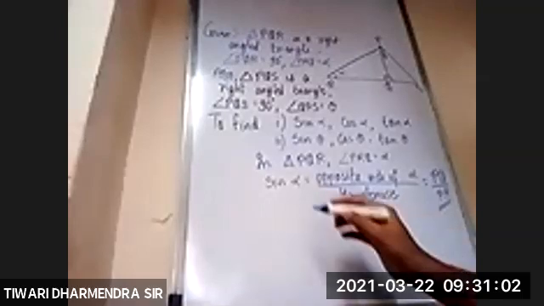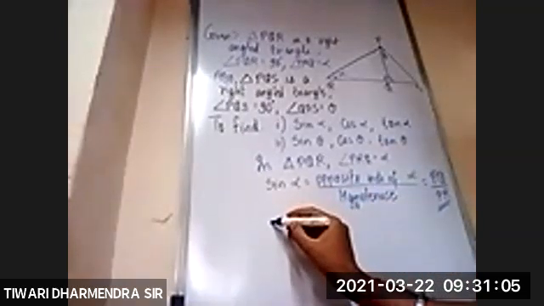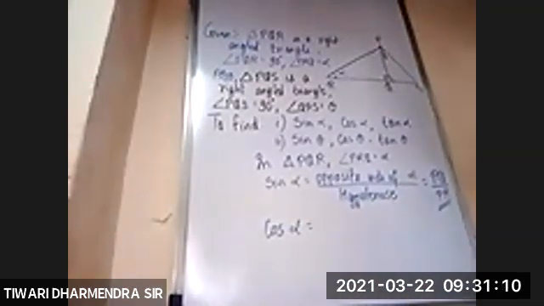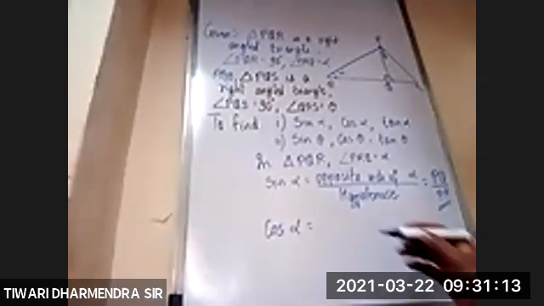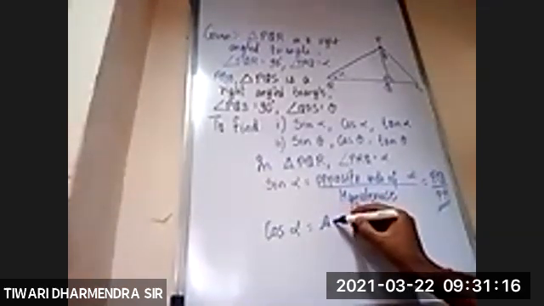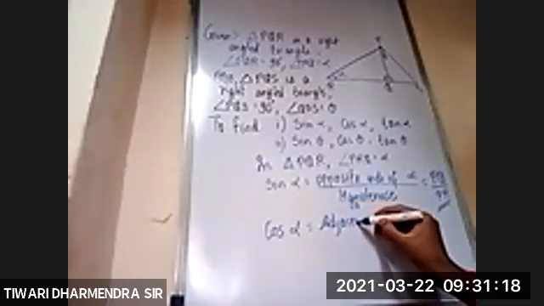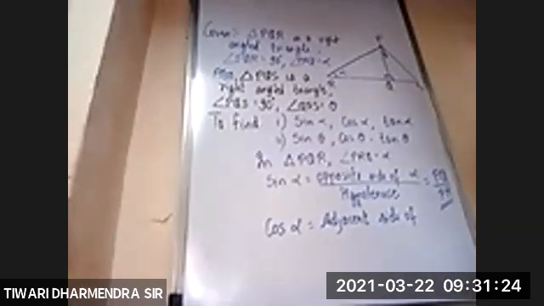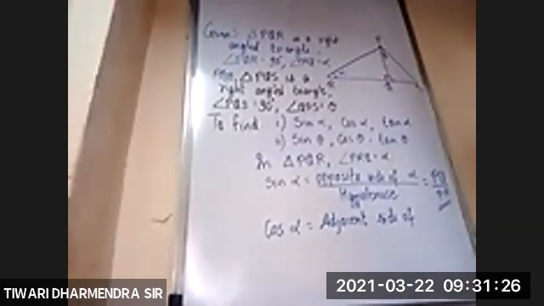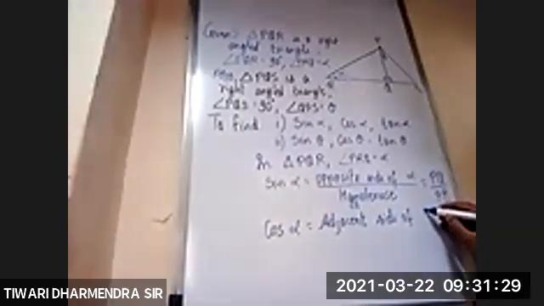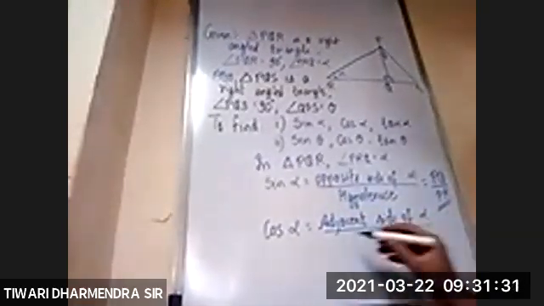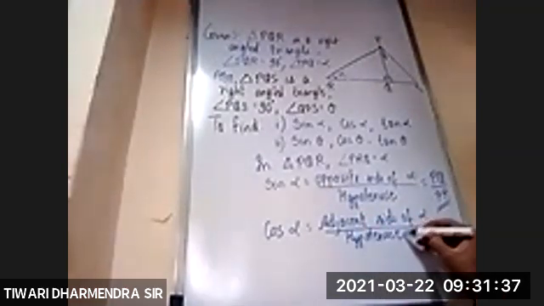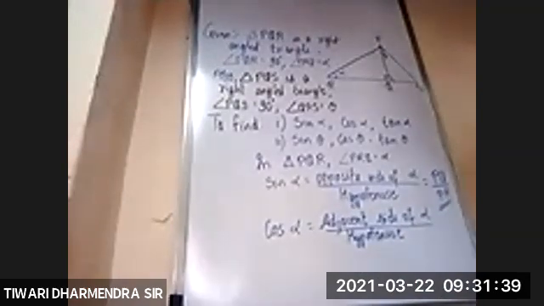Now we will move to the next, that is cos of alpha. Cos of alpha formula is adjacent side of alpha divided by hypotenuse.